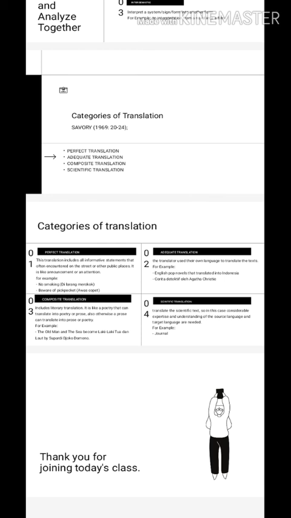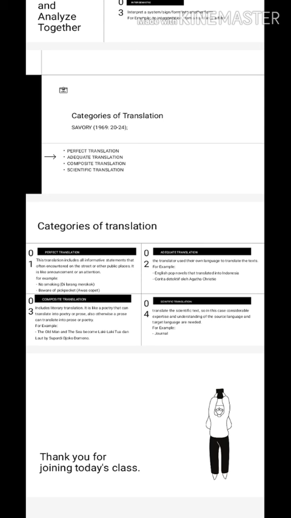I'm from the first group, and here I would like to explain about categories of translation according to Safari. There are 4 categories, and I will explain 3 categories. Number 1, perfect translation. This translation includes all informative statements that are encountered on the street or other public places. It is like an announcement or attention.